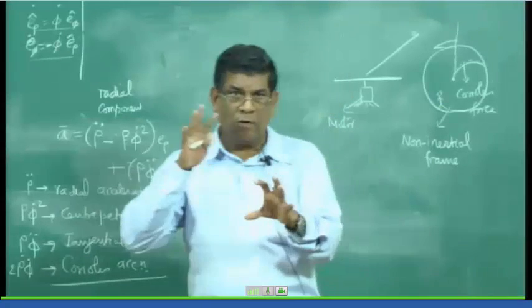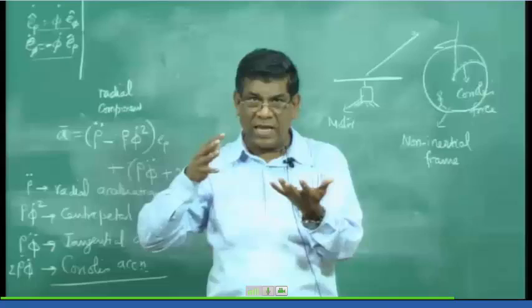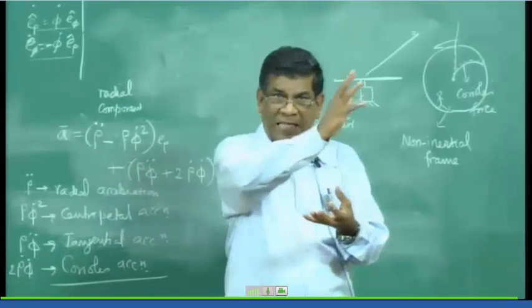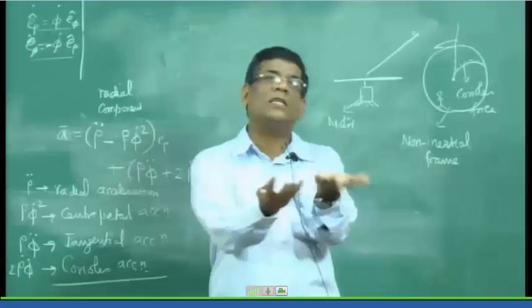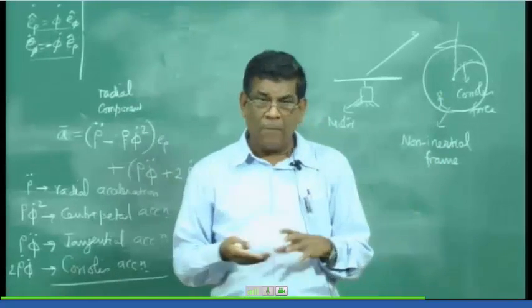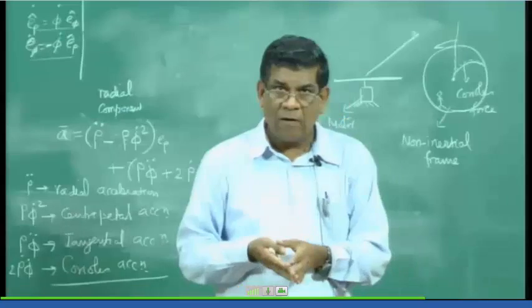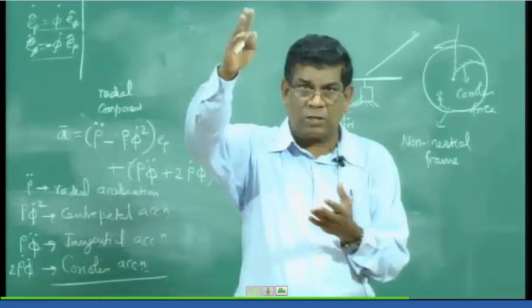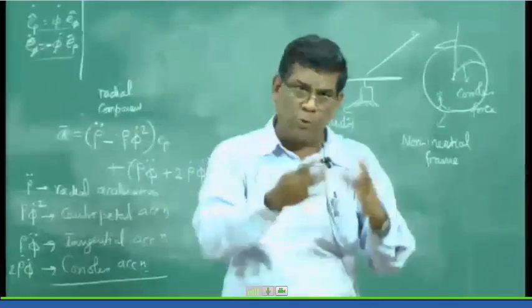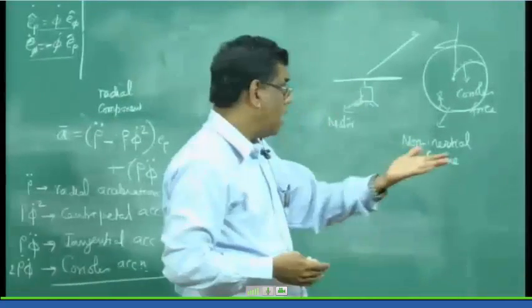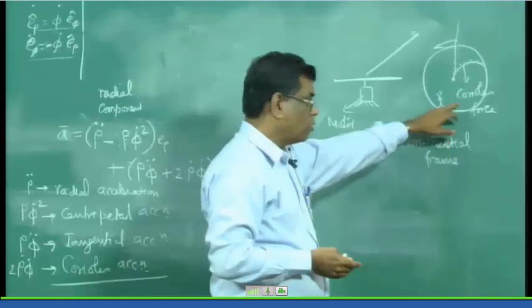When you look from outside, you will see the change in direction of the wind from the northern or southern hemisphere is because the earth is rotating, very simple. But the people on earth will find some fictitious force is responsible for the diversion of the wind, and therefore they impute a new force, and that is what we call the Coriolis force.